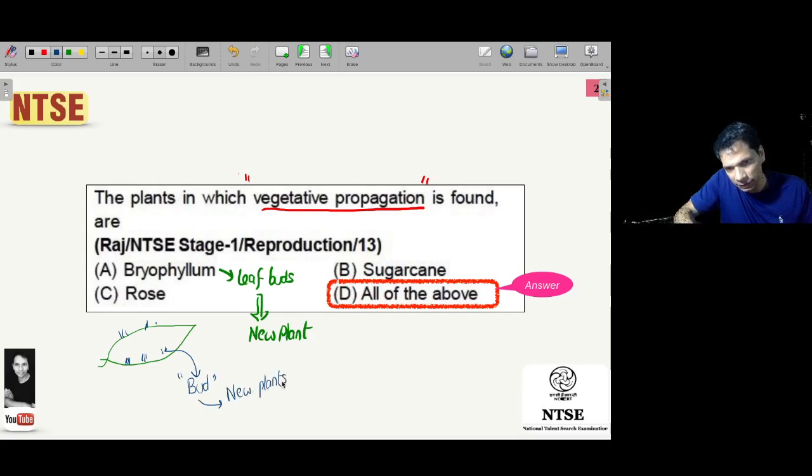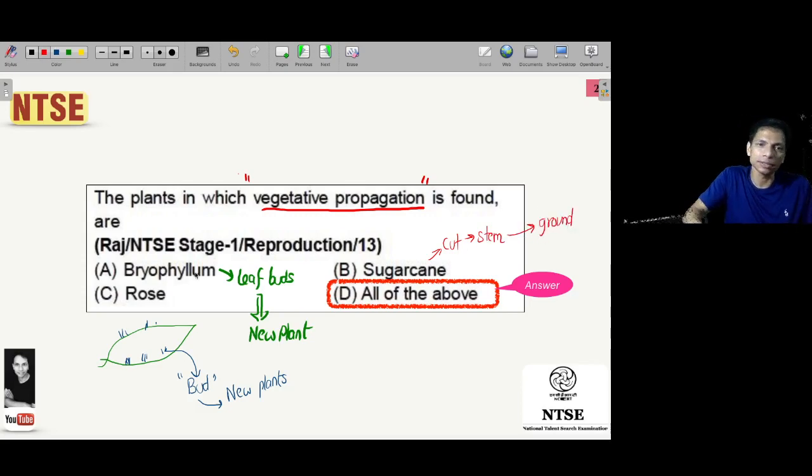Sugarcane uses a method called cutting. You cut the sugarcane stem, put this stem in the ground, and from there you get new plants. Rose also uses the cutting method. So all these plants follow vegetative propagation.